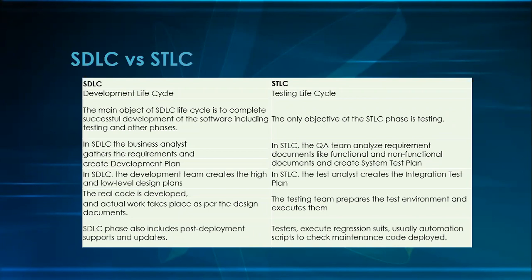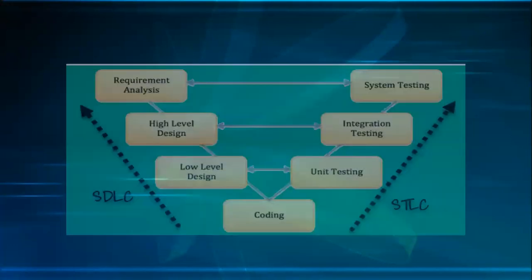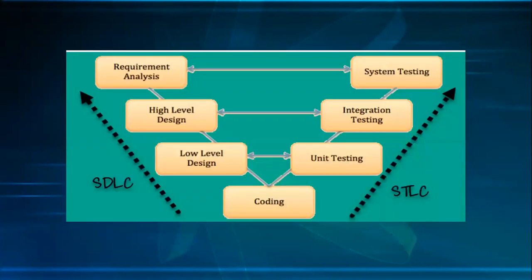Testers execute the regression suite, usually automation scripts, to check the maintenance code deployed. These are just a few differences between SDLC and STLC. That takes us to this phase.